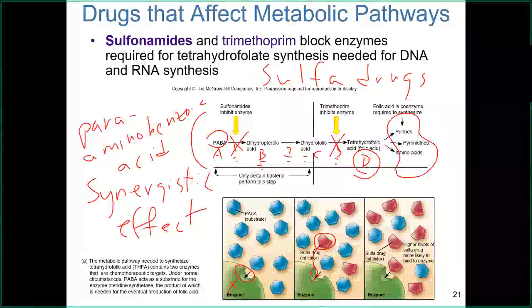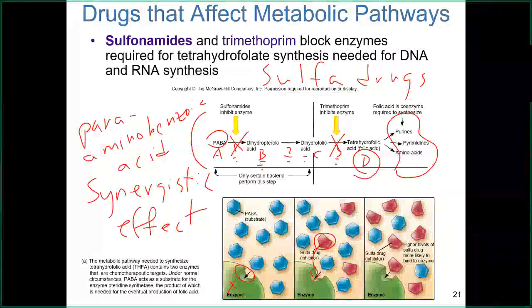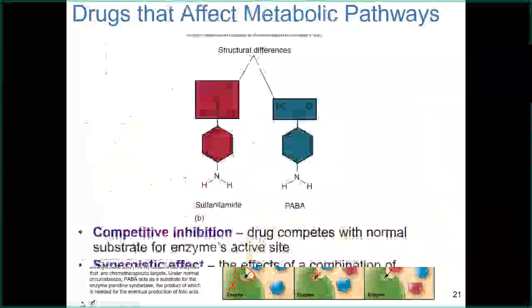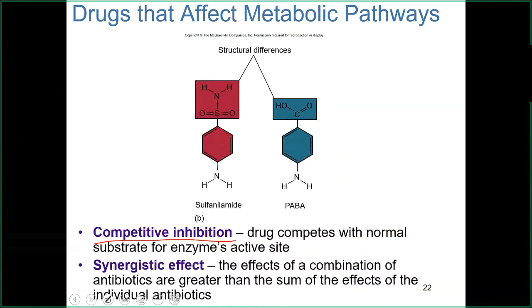So that's a form of inhibition. That's called competitive inhibition. They're competing for the same site. All right, competitive inhibition. That's what we got going on here. There are, by the way, inhibitors that are non-competitive, and what they do is they bind to other parts of enzymes besides active sites.